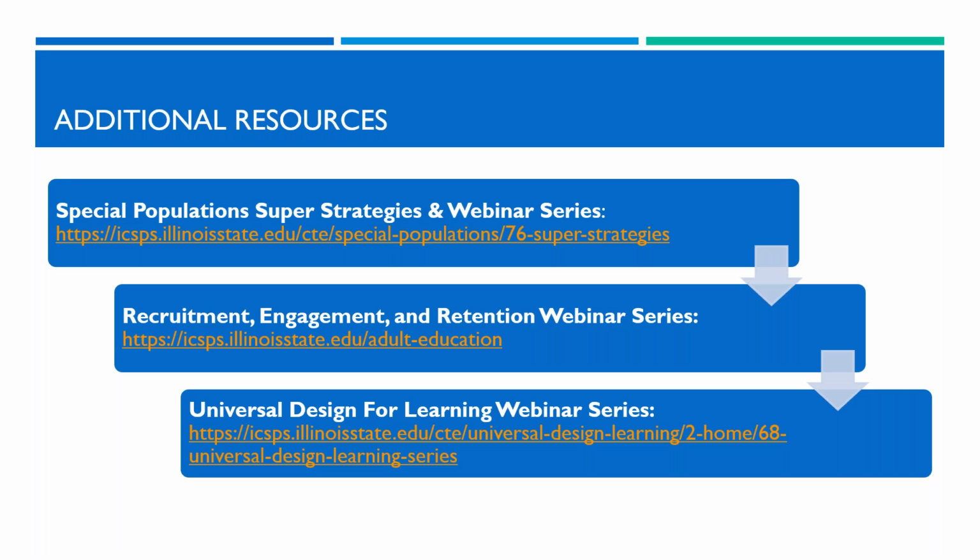And then also our Universal Design for Learning webinar series. We have done several series like this. We've done a series on our own. We've done one with CAST, who is sort of the leading force behind Universal Design for Learning. And for any of you who may not be familiar with UDL, the general concept is that we know that all students learn differently.